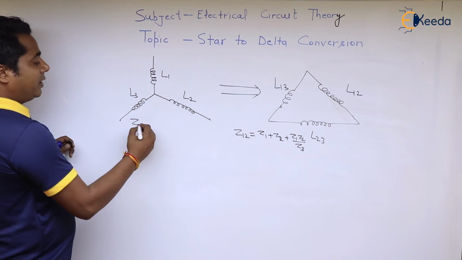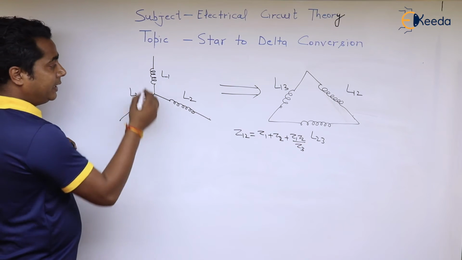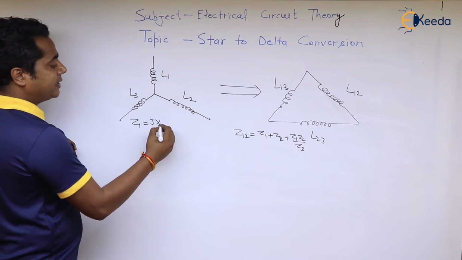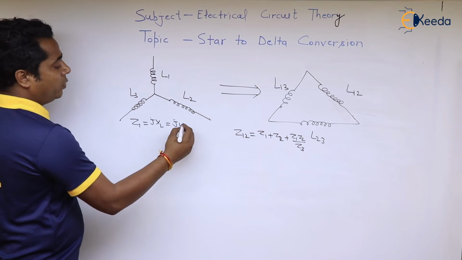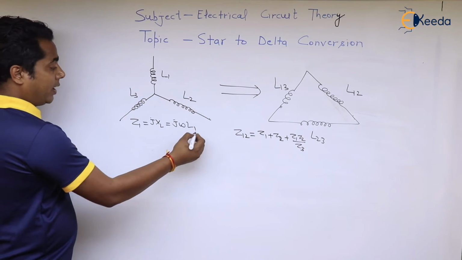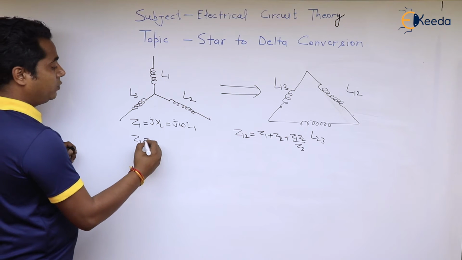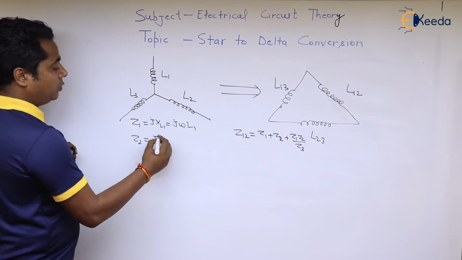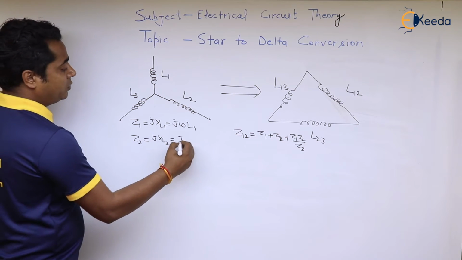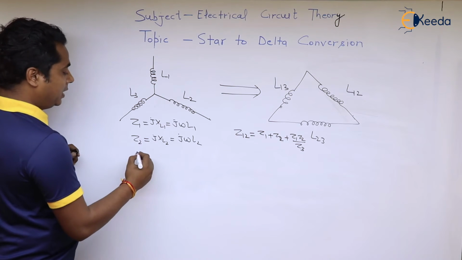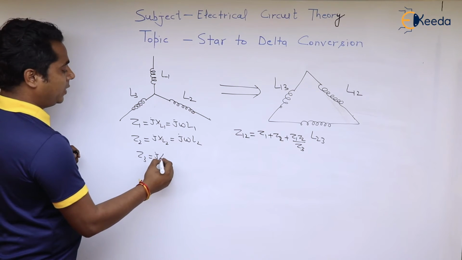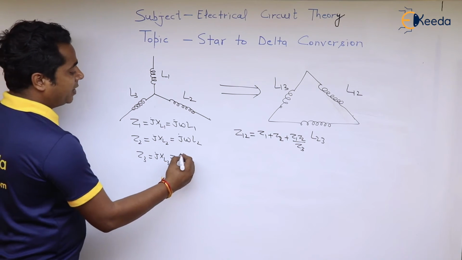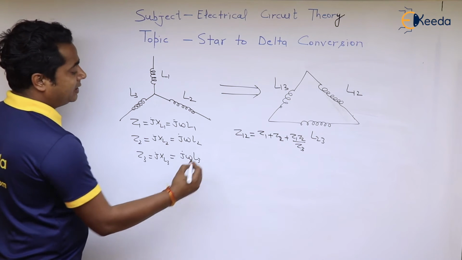We know that the value of Z1 for pure inductance will be j into XL, means j into omega L1. Z2 will be equal to j into XL2, and that will be j into omega L2. Z3 will be equal to j into XL3, and that will be j into omega into L3.